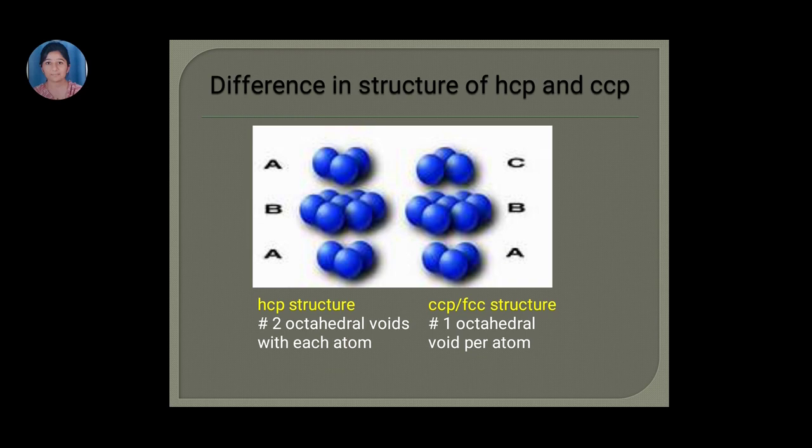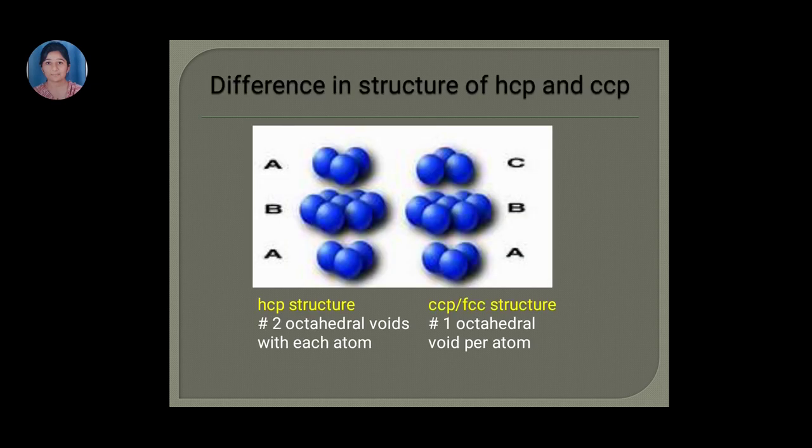Now if we look at the CCP structure, of course the B is same in both, A is same in both, but look at C. The arrangement of these 3 atoms in layer C are anti-parallel to those in the layer A. So in this layer A, among the triangular arrangement of the 3 atoms, 1 atom is heading towards us, 2 atoms are heading away from us.